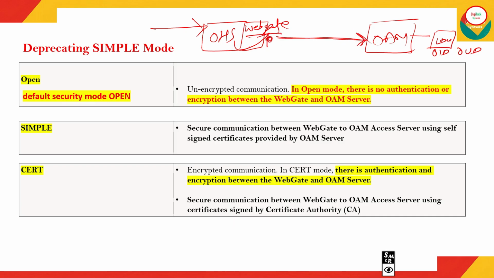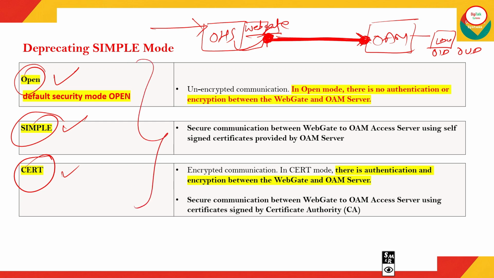Now, for the communication between WebGate and OAM, we had three modes: open mode, simple mode, and cert mode. Open mode is the default one. The second was simple mode, and the third is cert mode. All of these are for securing the communication between WebGate and your OAM server.